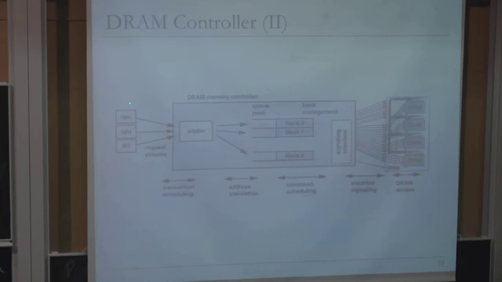On the other side, it gets requests from the CPUs as well as I/O devices. Remember, with memory mapped I/O, an I/O device can actually transfer data into main memory, like if you have direct memory access, for example. So there is an arbiter that arbitrates between the request streams coming from here.